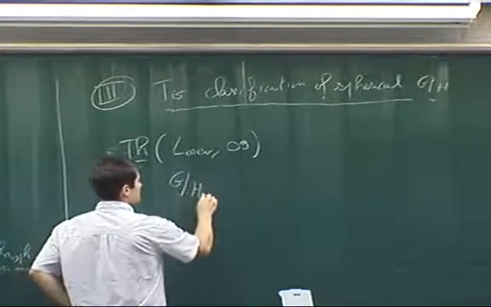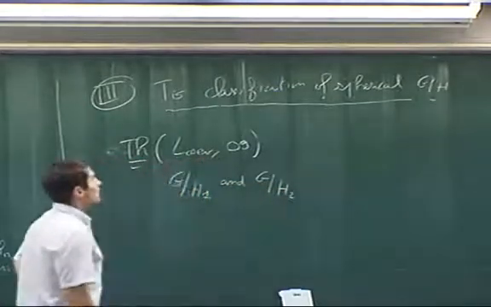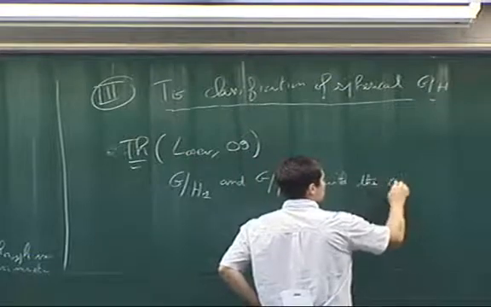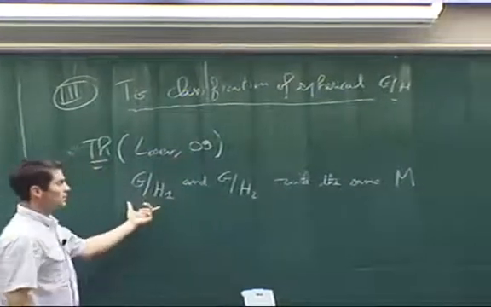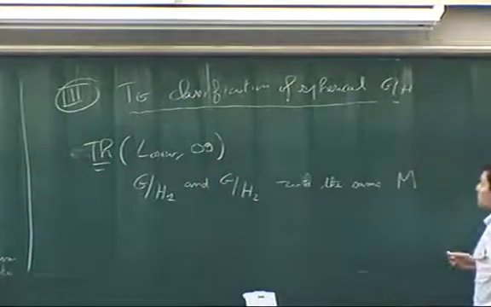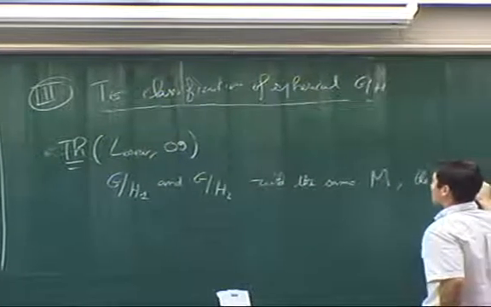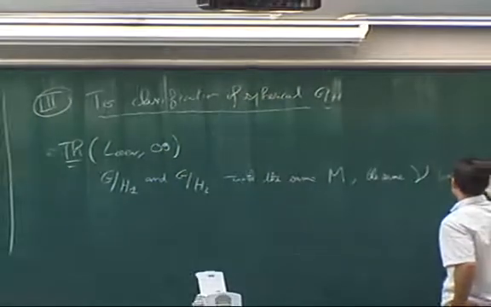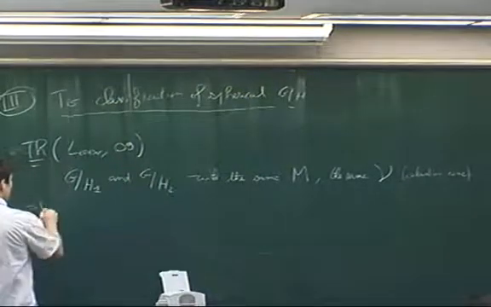We take G mod H1 and G mod H2, such that both have the same weight lattice, so the same M, the lattice of weights of the rational functions of each of the homogeneous spaces, and also the same variation cone. And so with colors.